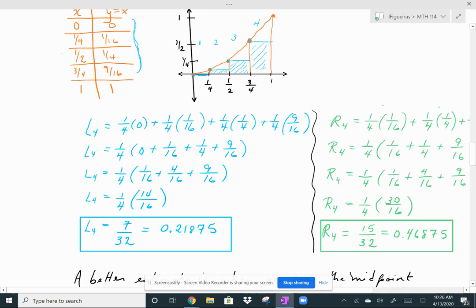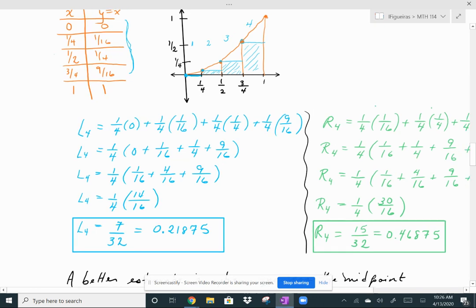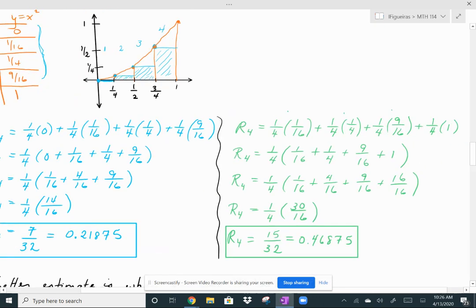When you simplify that, you get that your estimated area using left-hand endpoints is 7/32, which as a decimal is 0.21875.